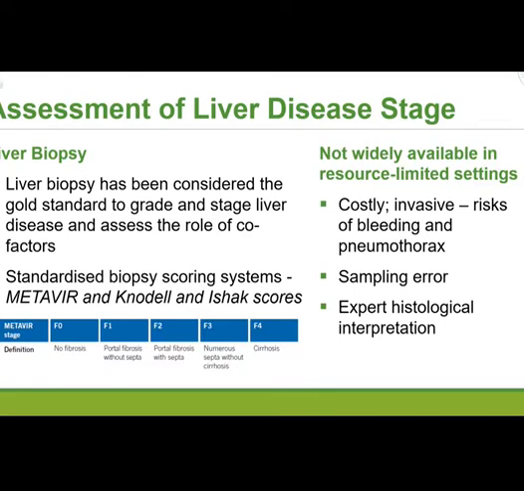It is costly, it is invasive, associated with pain, bleeding, pneumothorax, and the disease may not be homogeneously involving the liver, so the tissue may not be representative. So there are few questions about this, although it's a gold standard.